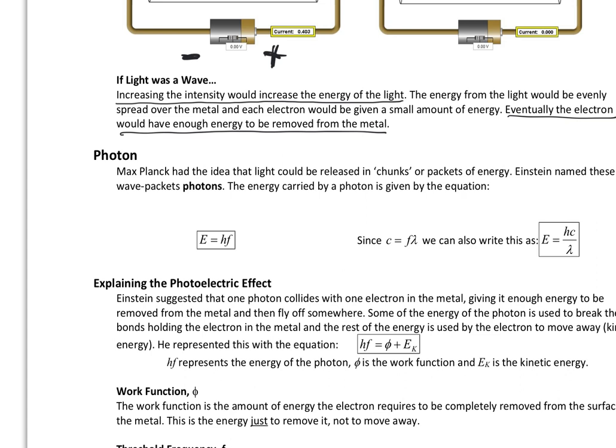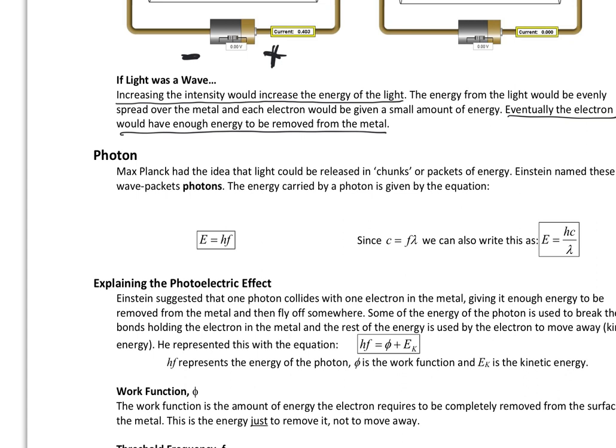So both Planck and Einstein were bumping up against problems with wave theory, and so they said, what if you treat light not as a wave but as a particle, like a packet, and each packet of energy, called a photon, has energy related to the frequency of that light.